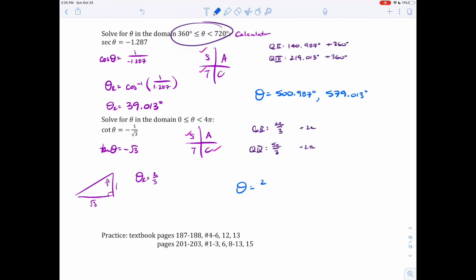So for our answers, it's not just 2 pi over 3 and 5 pi over 3, but this plus 2 pi, so plus 6 pi over 3, and this plus 6 pi over 3. And then that one is done.